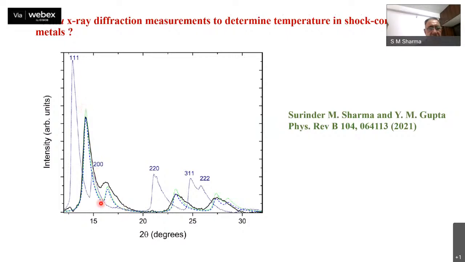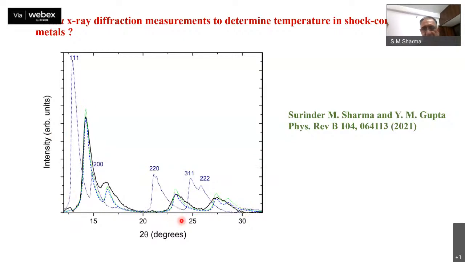You can see here the experimental curve, which is a black curve, and these are theoretical estimates. You can see the much wider variation, indicating that XRD can't be used.